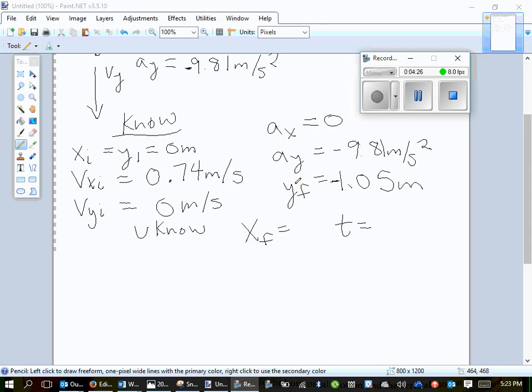We also have an acceleration in the y direction. So we're going to use the formula displacement equals 1/2 a t squared.